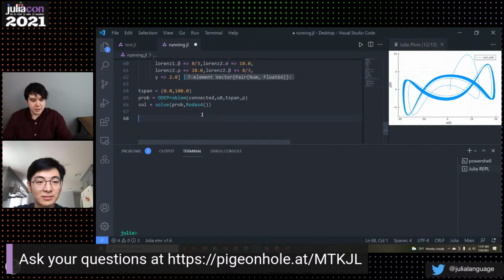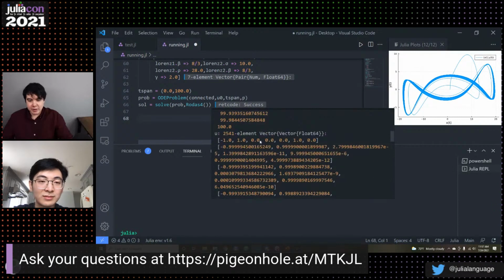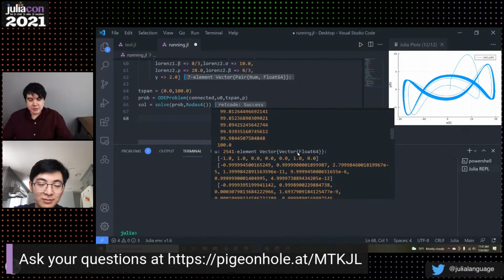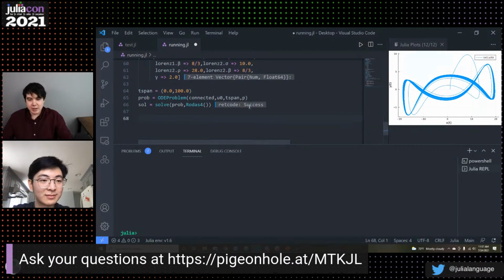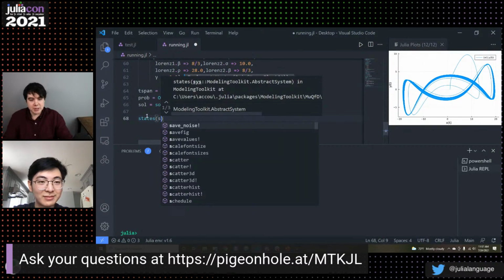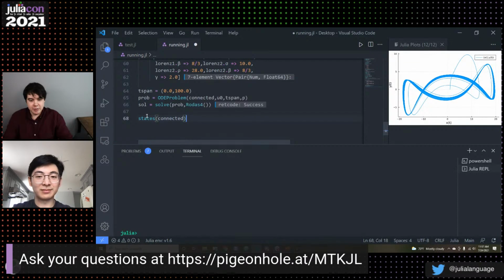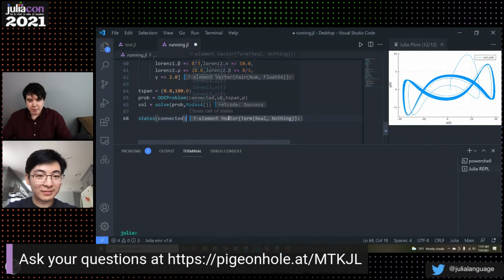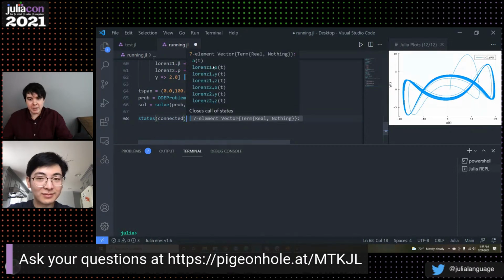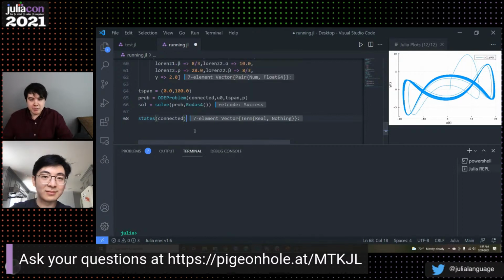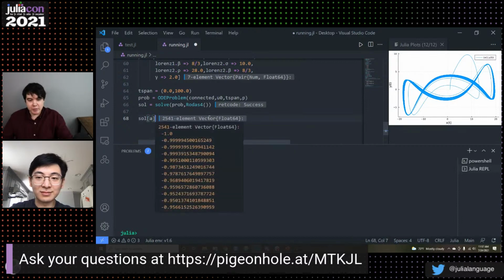And then once that's done solving, you get something that is once again indexed. You can look at what the equations are by checking the states of your connected system. You can see it's A and then Lorenz 1 dot y, but you don't need to use that ever, right? You can just say, what's the solution of A over the time series?